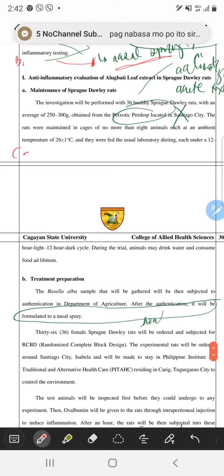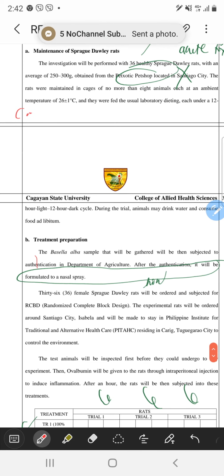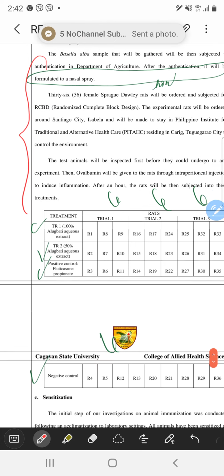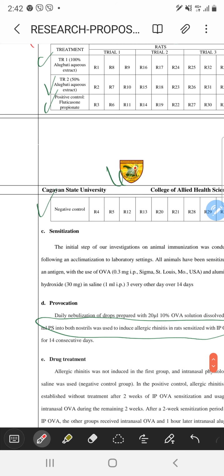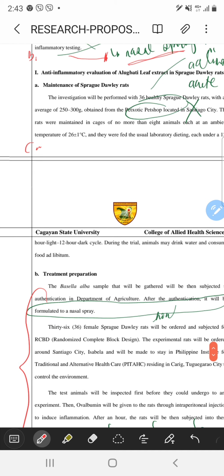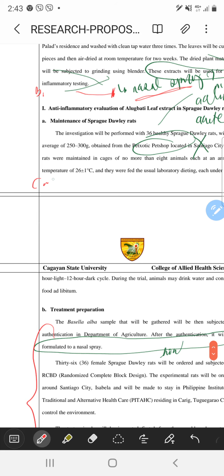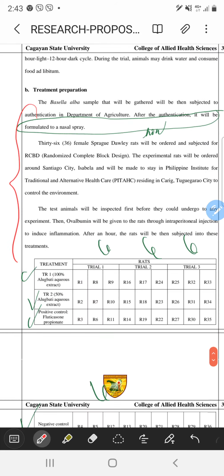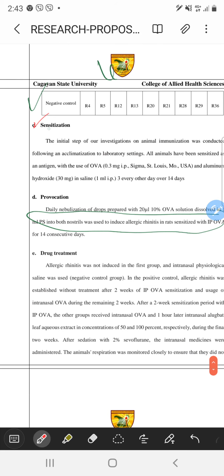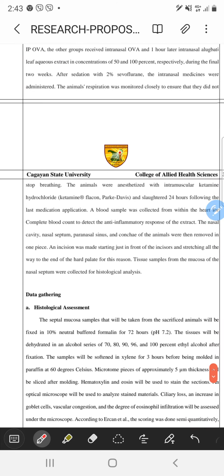Also this one is under subject and sampling. So you go ahead with the sensitization, preparation of lab animals at this part. Preparation of lab animals. You put sensitization, provocation, and then drug treatment already.